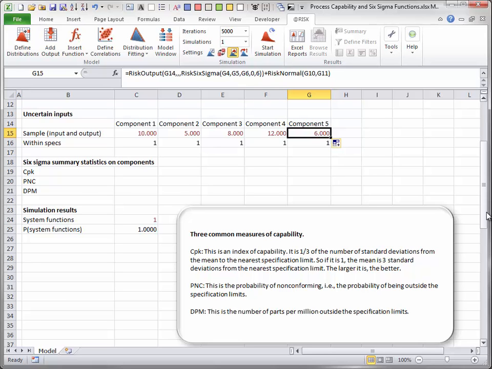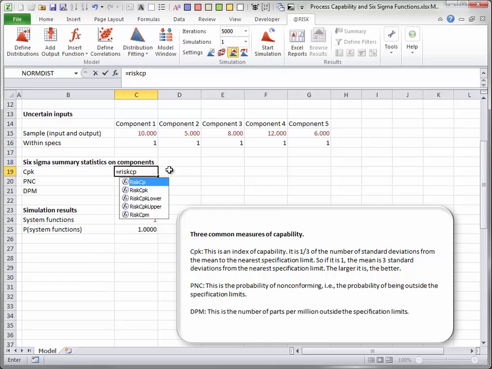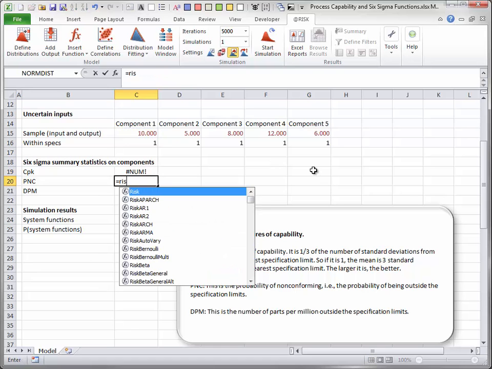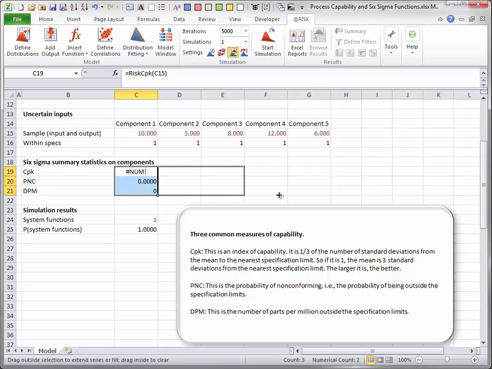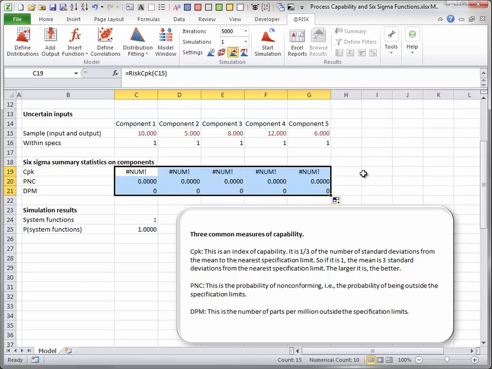As with other @RISK statistical functions, the values in these cells aren't meaningful until the simulation is run. Now I will run the simulation.